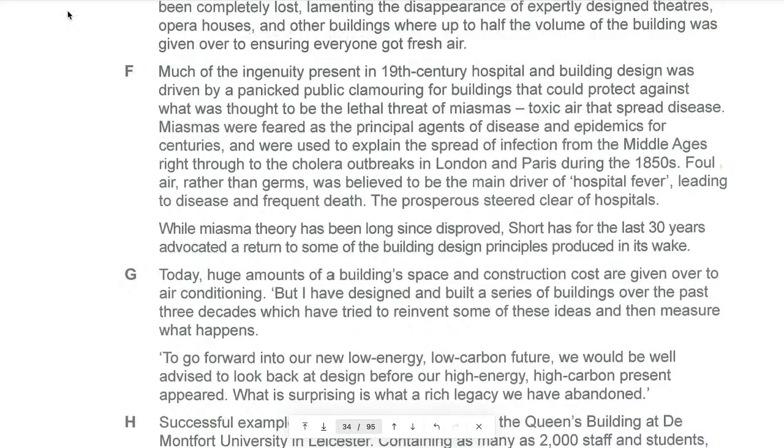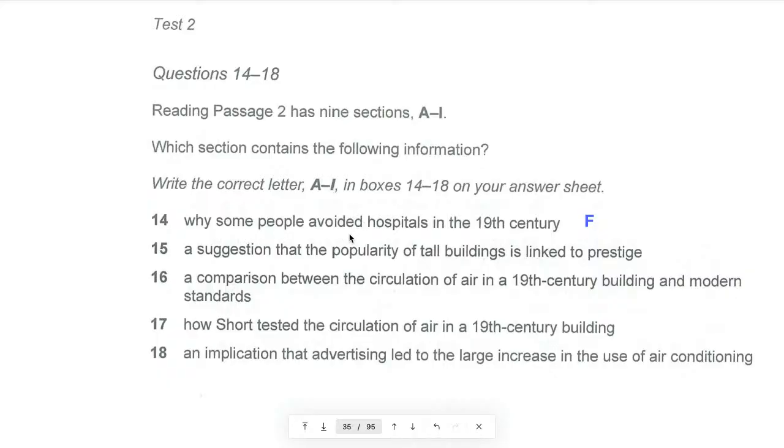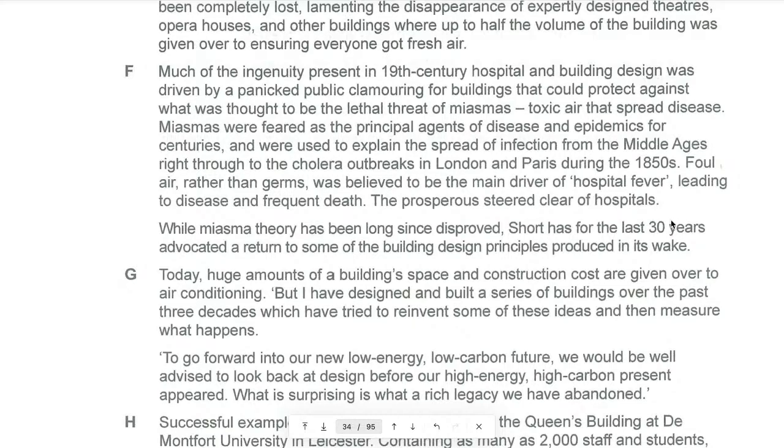Yeah, the rich. So that means some people, right? Some people avoided hospitals. Avoided means steer clear of hospitals, okay? Okay, and that is in the 19th century. Why is that? Because here we can see they say what? No, you cannot just say from foul air, because from that one I can't see the 19th century, right? So we need to read a little bit above that.